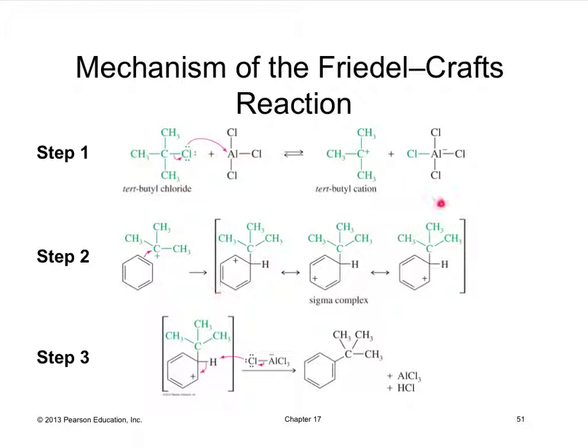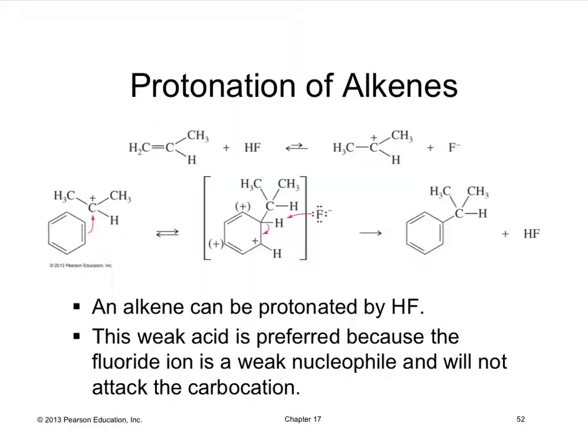This generates 3 possible resonance structures shown here, in which your electrons can move, generating these sigma complexes, and then the remaining AlCl4 minus will then come in, chlorine, and pluck off the hydrogen, quench the positive charge, and regenerate the catalyst and the product.